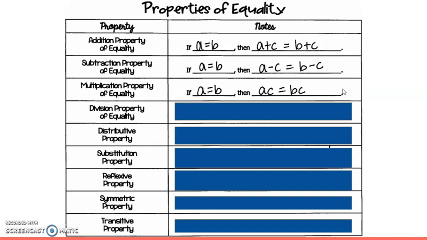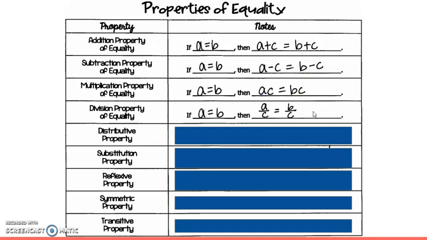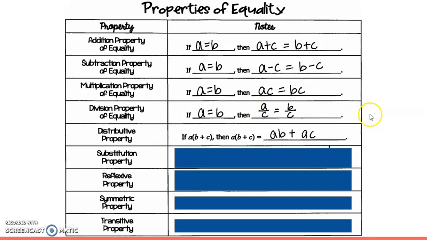Multiplication property of equality, again, I can multiply both sides by the same number and keep my equation balanced. Division property of equality works the same way. I can divide each side by the same number and keep my equality. Now this distributive property you guys have been using a lot, and you used it a lot last year in algebra.